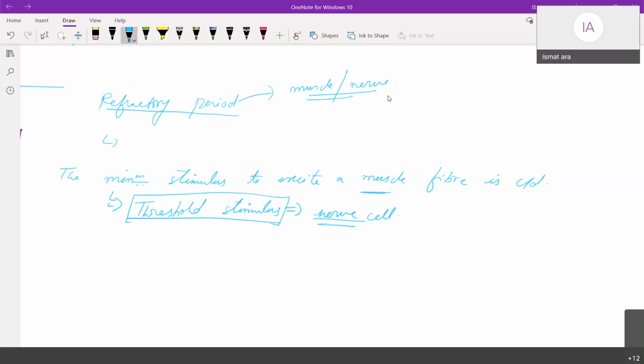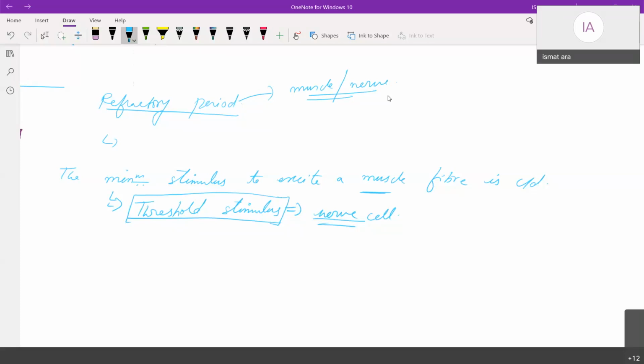For that period, a second excitation is never possible. Because you have given the first stimulus, the muscle will contract first, all these phenomena, A band, I band, everything will be completed, and then the second stimulus will be received by the muscle fiber. This time period is the refractory period.